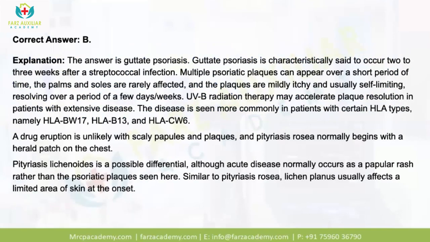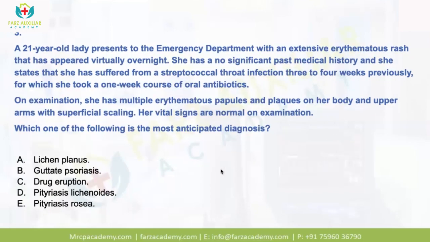The correct answer will be guttate psoriasis. Lichen planus won't appear overnight, and it's not associated with streptococcal infection. Guttate psoriasis is the only condition where the patient has an erythematous scaly rash, so probably psoriasis, which can be associated with streptococcal infection.